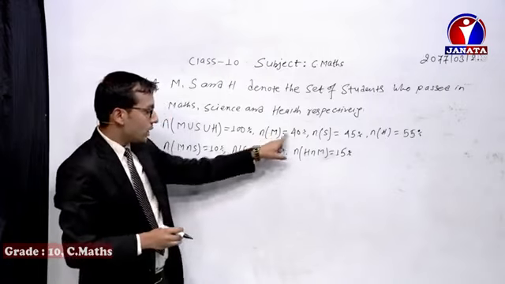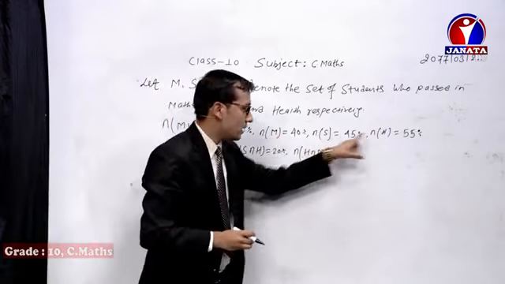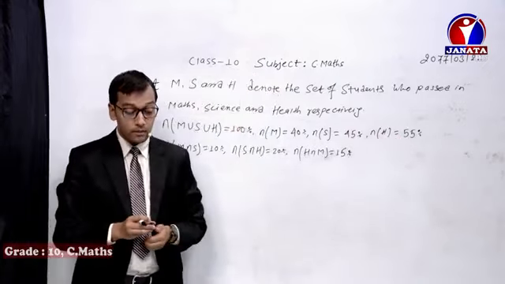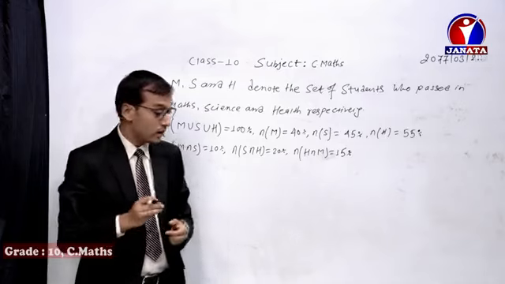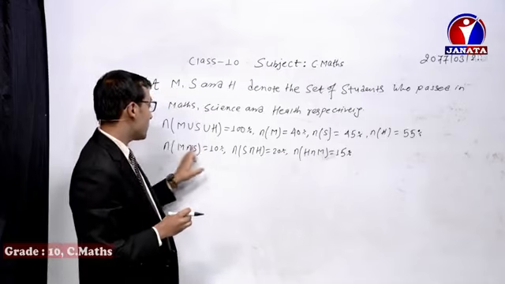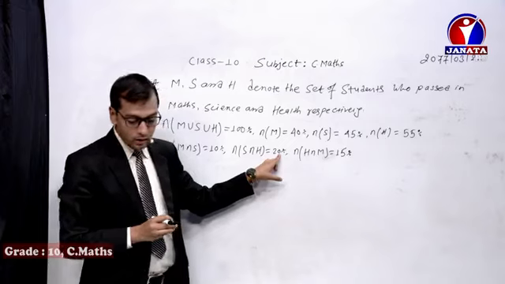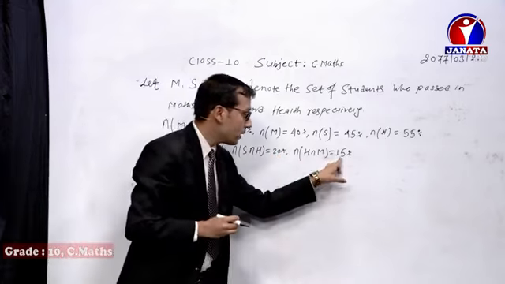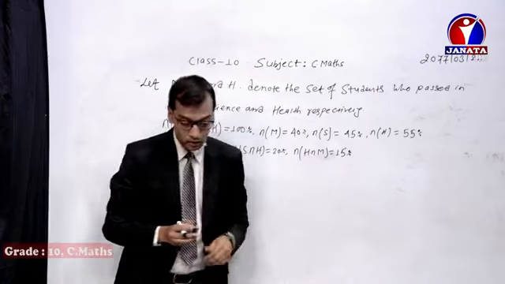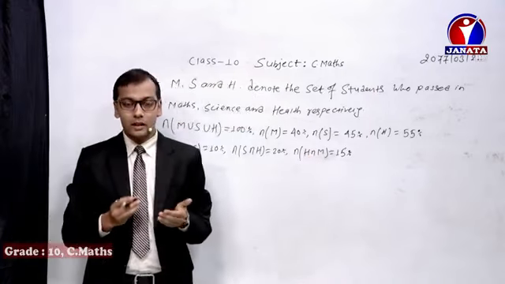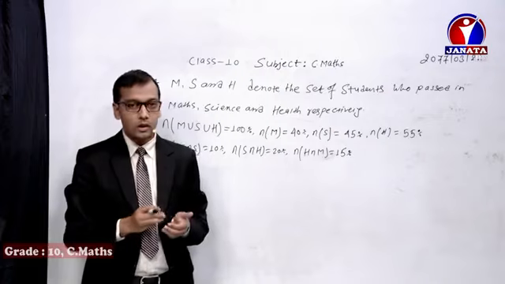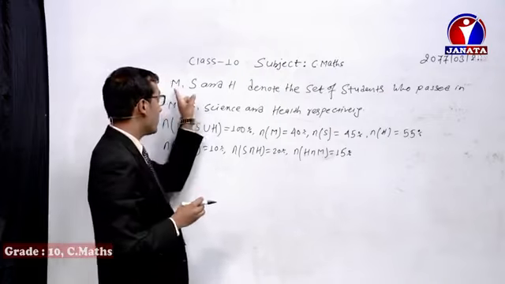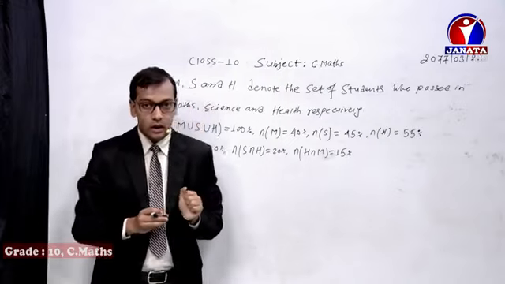Similarly, 10% passed in math and science, 20% passed in science and health, and 15% passed in health and math. So we are calculating the intersection of all three sets, which are denoted by M, S, and H.